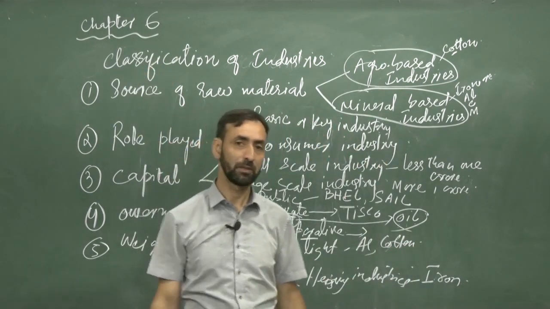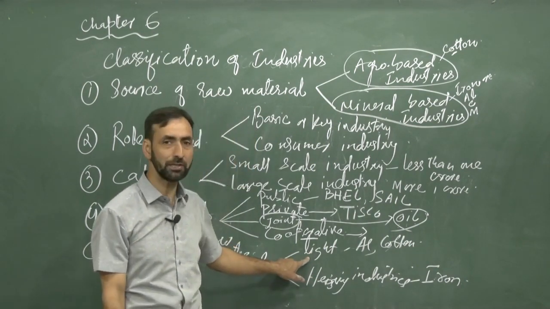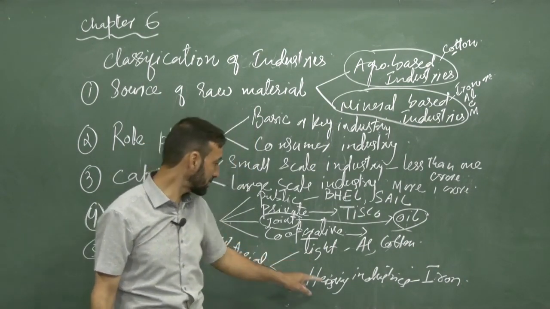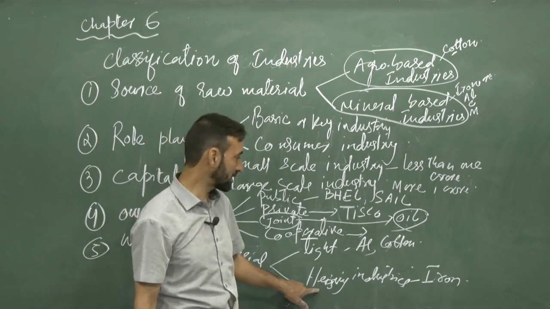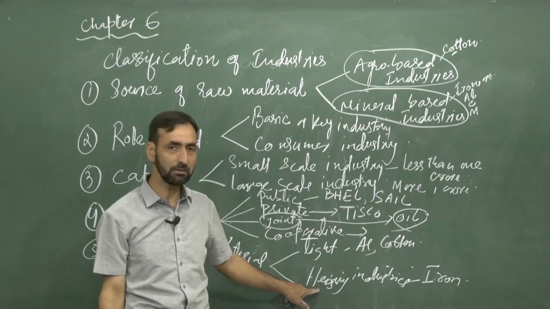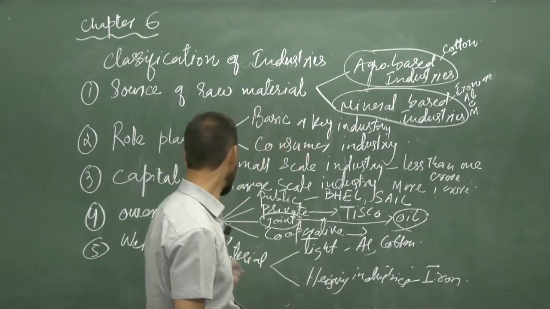Electrical fan, sewing machine are related to the light industry because they are using light raw material. Heavy industry, iron and steel industry, is using the iron mostly. It is the heavy industry.